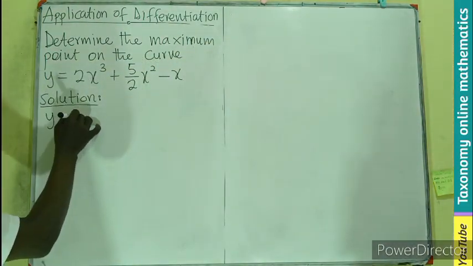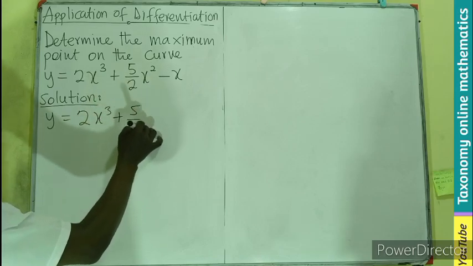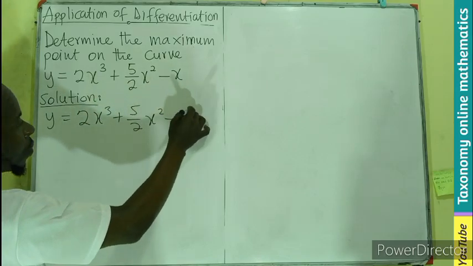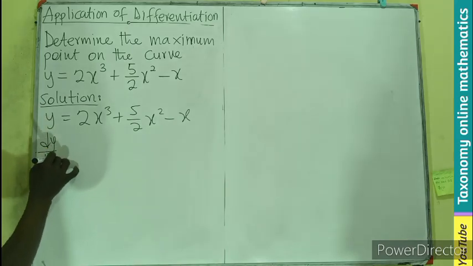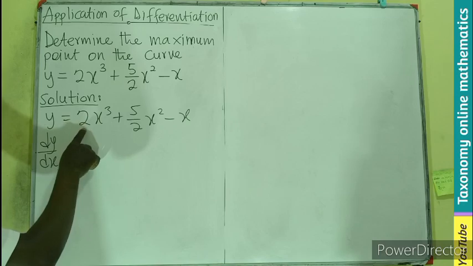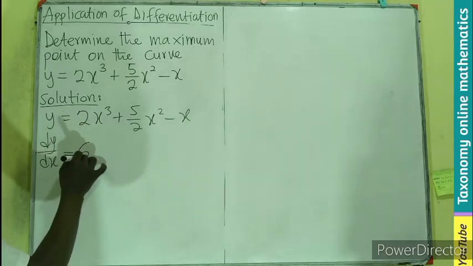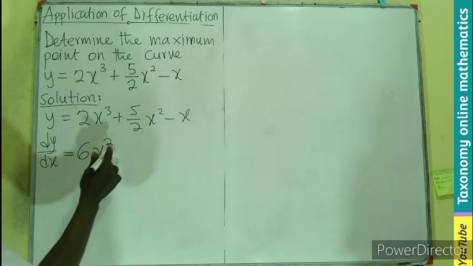So if y is giving us this, then dy/dx will be equal to, we know the power comes forward to multiply, that gives us 6. We subtract 1 from the power, we get 2.